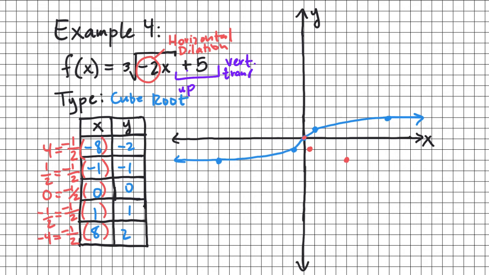Then 0, 0. Then I'm going to go to the left 1/2 and up 1. And then the last one, I'm going to go to the left 4 and up 2.